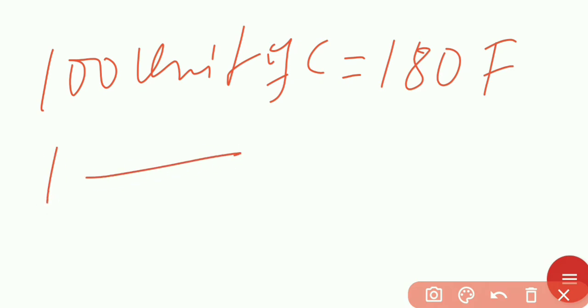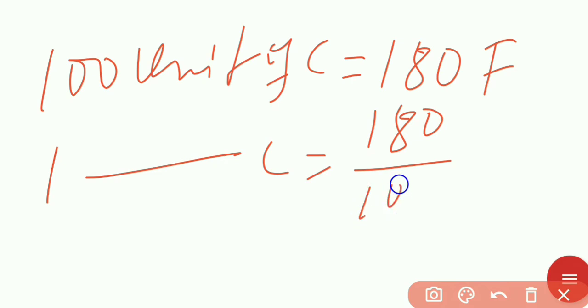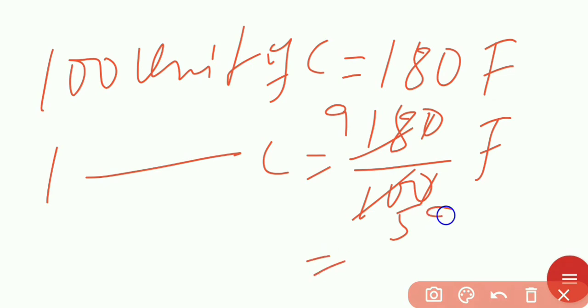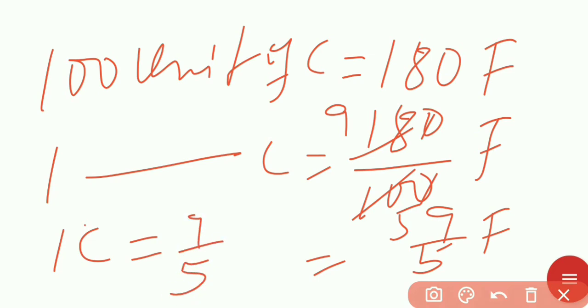Then 1 unit of Celsius is equal to 180 by 100 units of Fahrenheit. If we cancel the 0, this will be 18 by 10, then 9 by 5. So 1 unit of Celsius is equal to 9 by 5 unit of Fahrenheit.